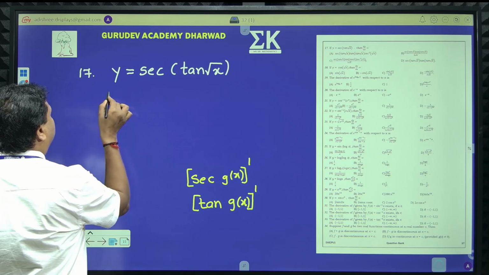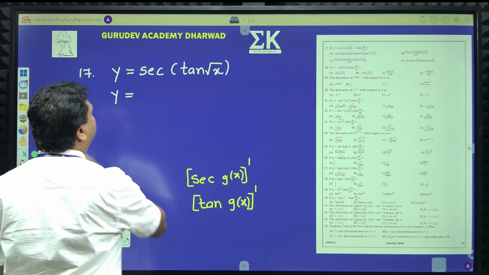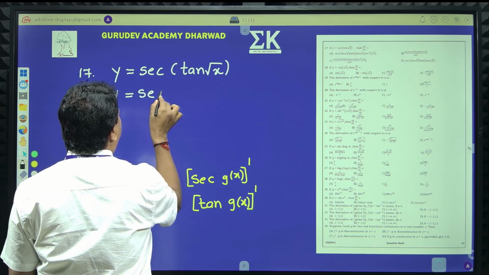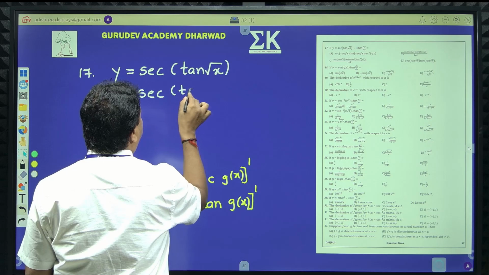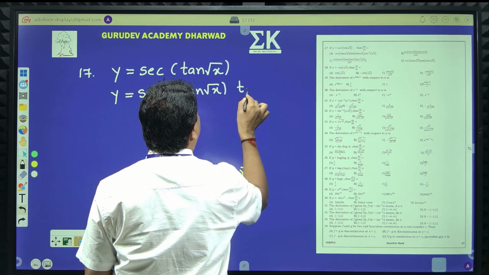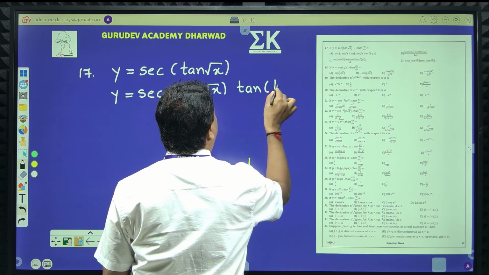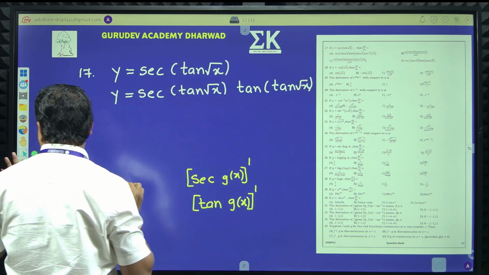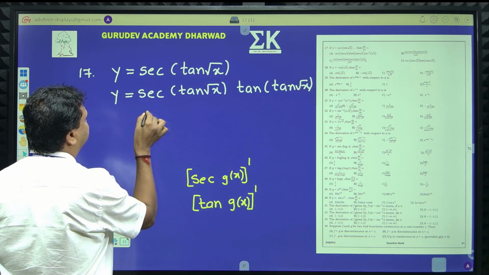Therefore, y is equal to secant g of x, that is secant of tan root x into tan g of x, that is tan of tan root x, into differentiation of tan root x.